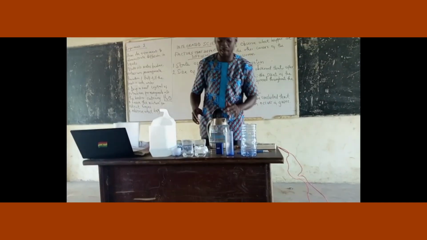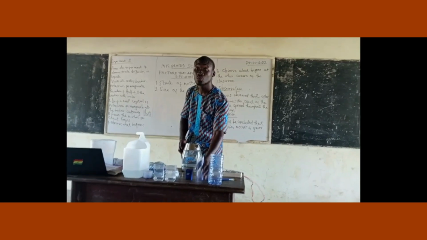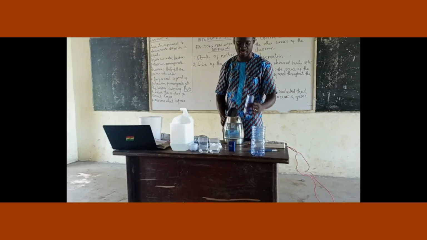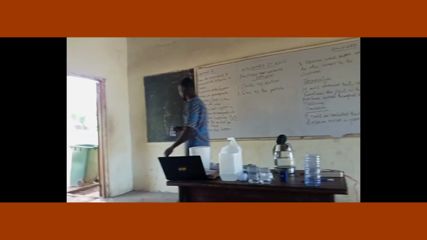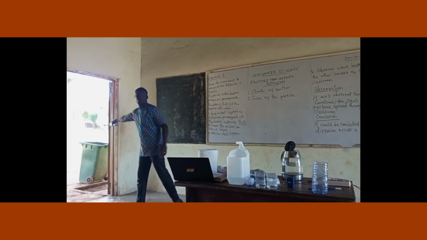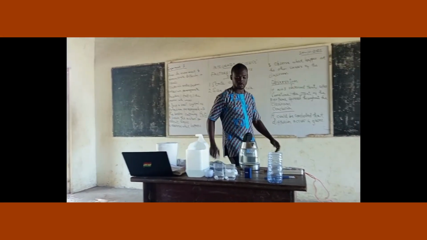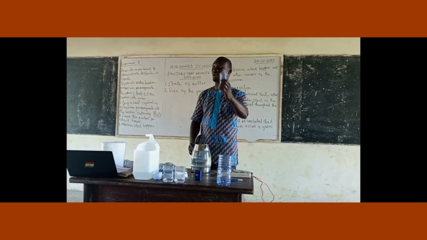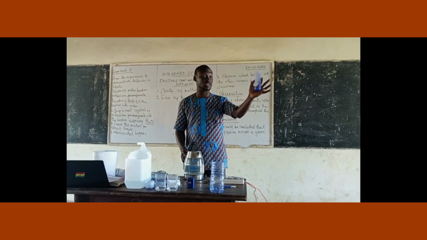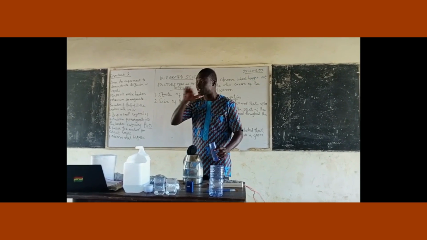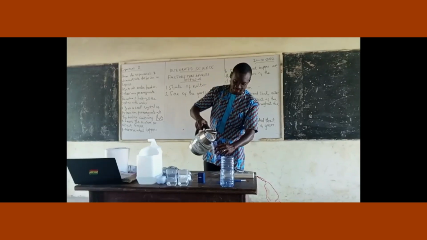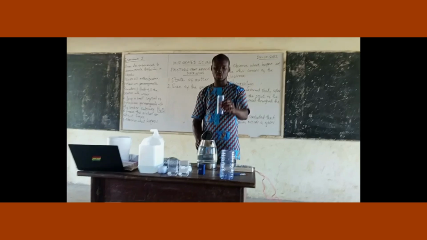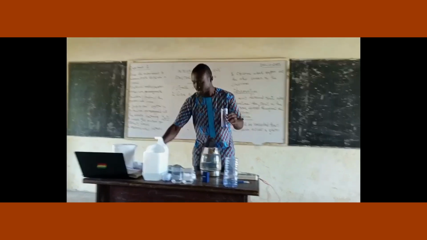We are going to use the potassium permanganate to get the same experiment done. So this is what I'm going to do. I'm going to measure the hot water using this so that we get a uniform, the same volume or quantity. So let's look at the size where it is.